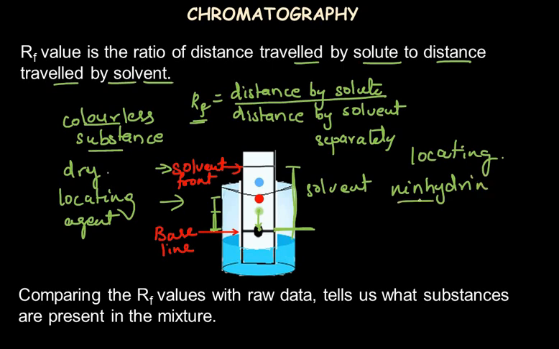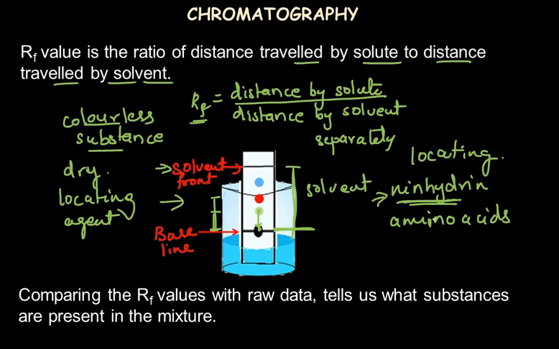Ninhydrin is one of the best locating agents, generally used for locating amino acids after chromatography. The proteins are hydrolyzed into amino acids, and to identify which amino acids are present, we spray the chromatogram with the locating agent ninhydrin.